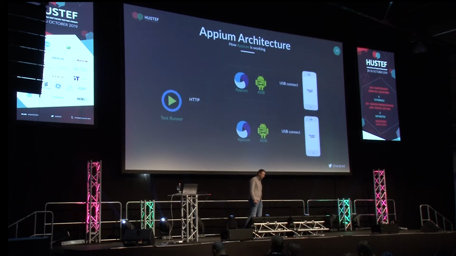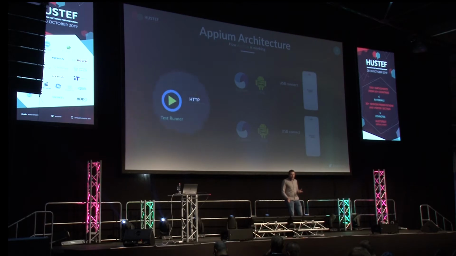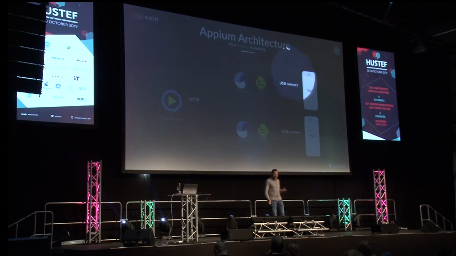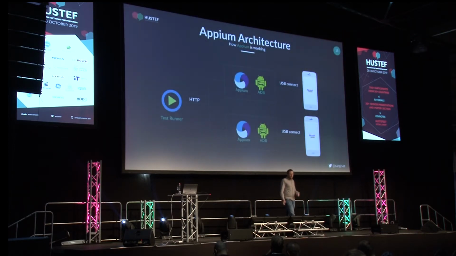So, if we are going to talk in two words about the Appium architecture, it's coming with a test runner. It's the code base that we are actually running here. And then there is the Appium part with the ADB command, Android Debug Bridge. And there is a device connected to the machine.